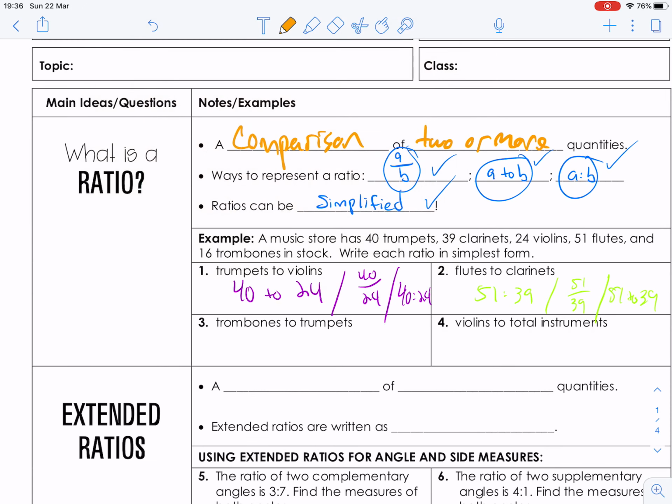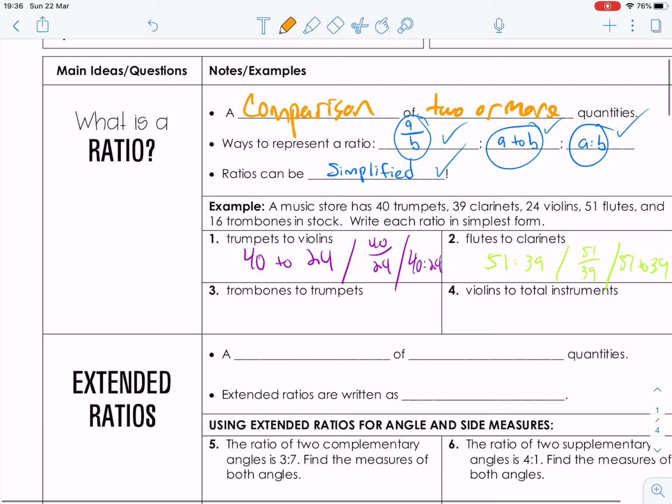All right, trombones and trumpets. Trombones, 16, to trumpets, which is 40. So I'm going to take this example and write it as a fraction. Fractions are basically a ratio.